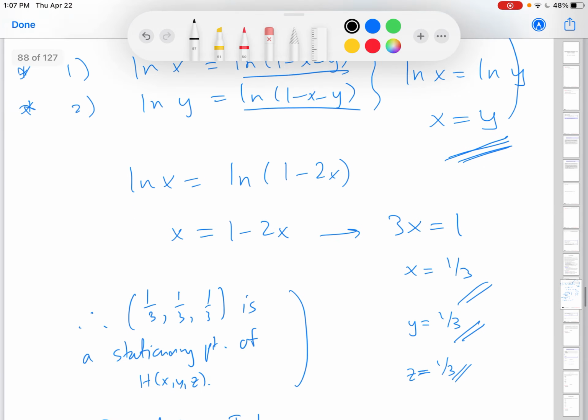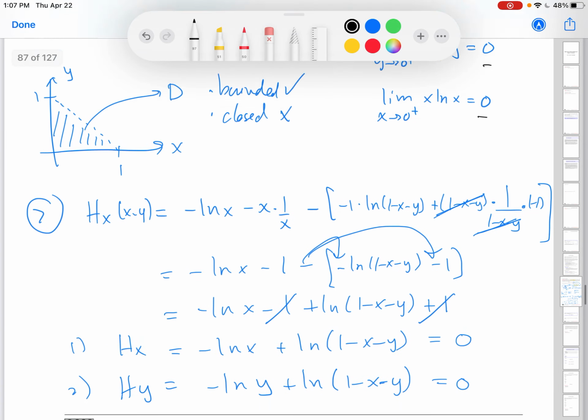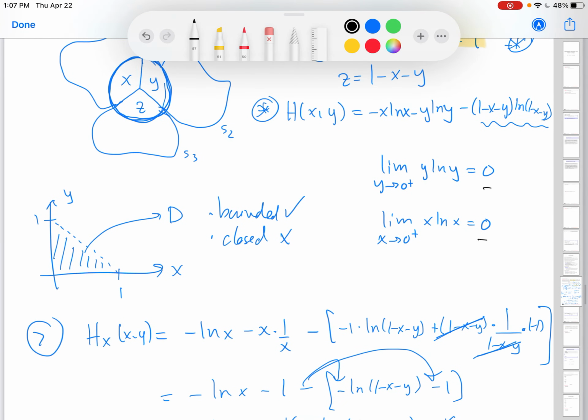In a minute, we will calculate the h value for this, and we'll see that it's positive. So already we're getting some sense that maybe we don't need the second derivative test. Maybe because we're getting a positive value at the critical point, that might actually be the absolute maximum relative to all the points in the interior of the domain and the boundary.